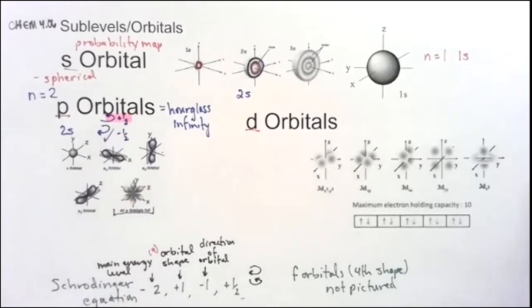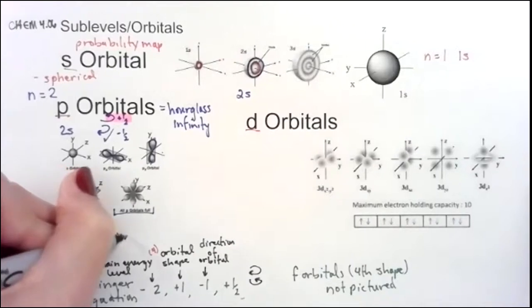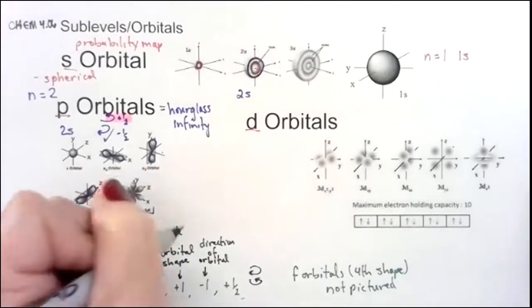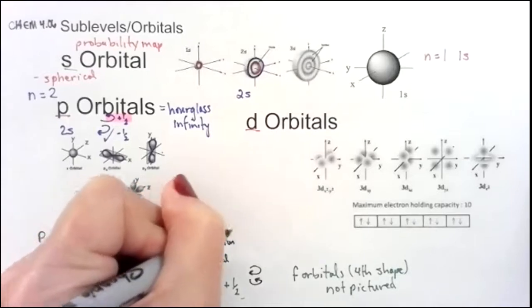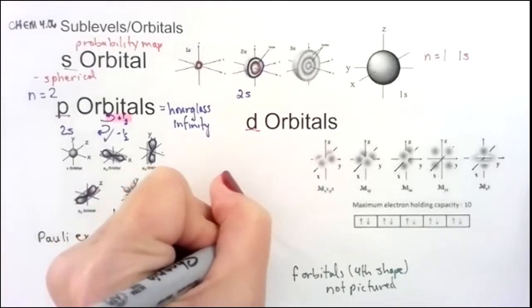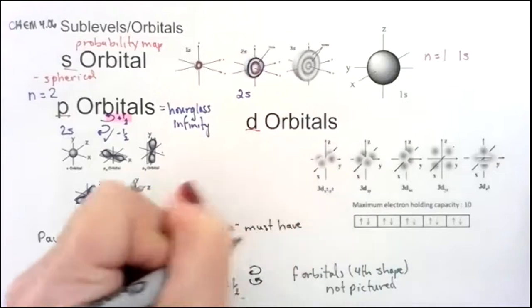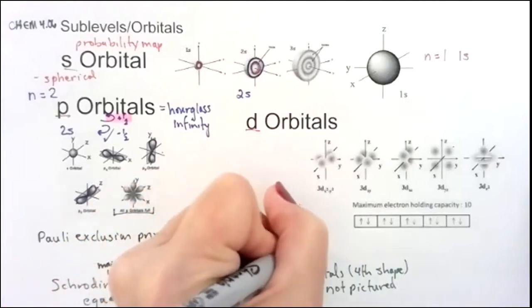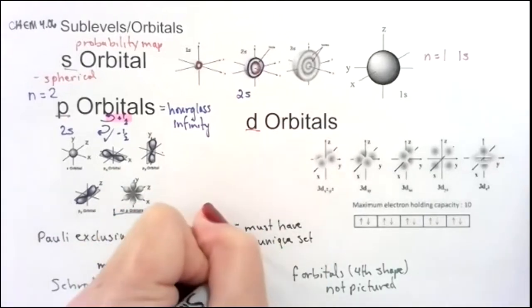And I'm going to talk about it here because I'm not sure if I put it in the other videos: the Pauli exclusion principle. It says that every electron must have a unique set of 4 quantum numbers.